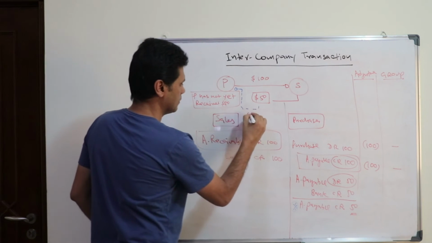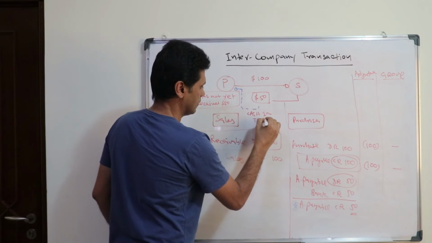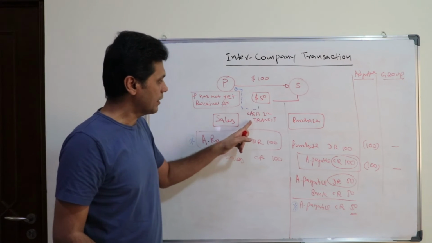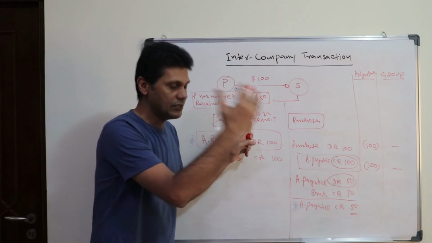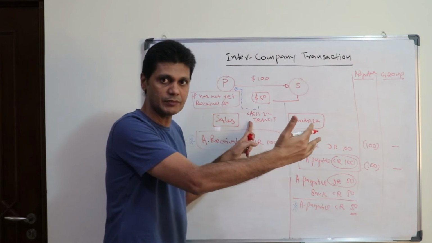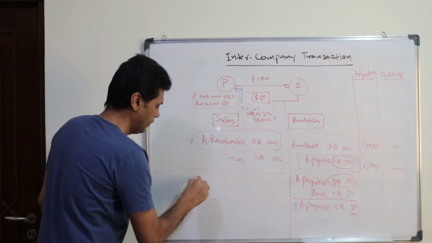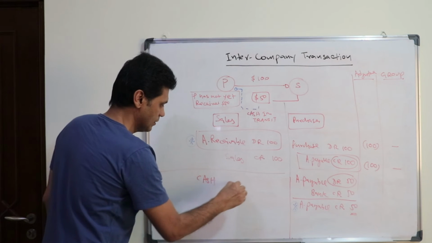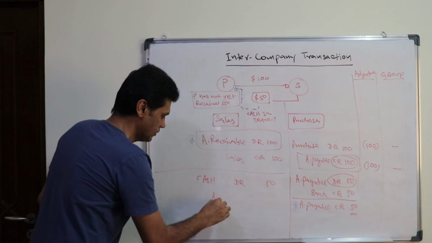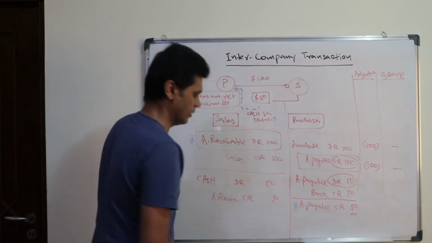So this is cash in transit, and it has to be adjusted in the group financial statement. How will you adjust it? First of all, you need to debit cash by $50 and credit accounts receivable by $50.